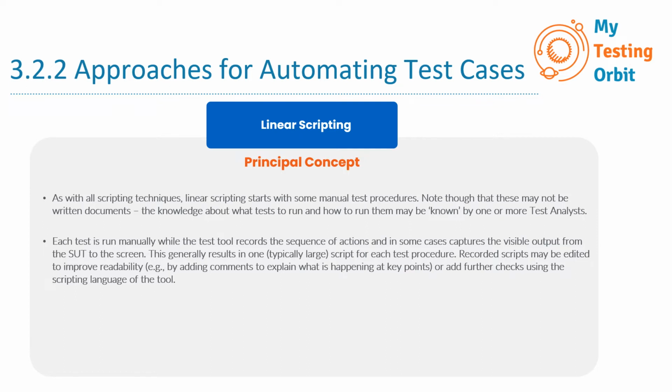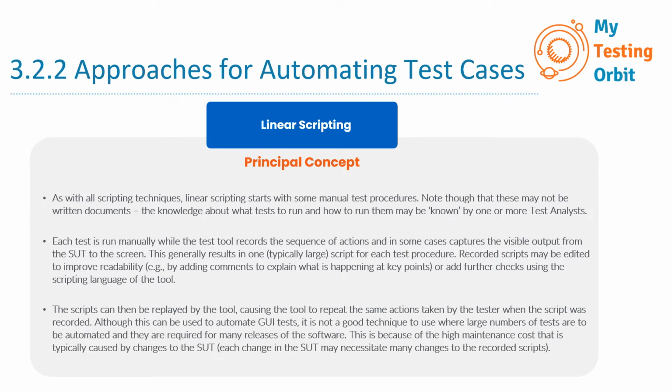But in linear scripting, we can add comments in the script, in the code, so that it's easily readable, maybe for someone else who later on wants to execute these test scripts. And we can also add different checkpoints, the different verifications, if we understand the scripting language. So that's where it is different to the capture playback.